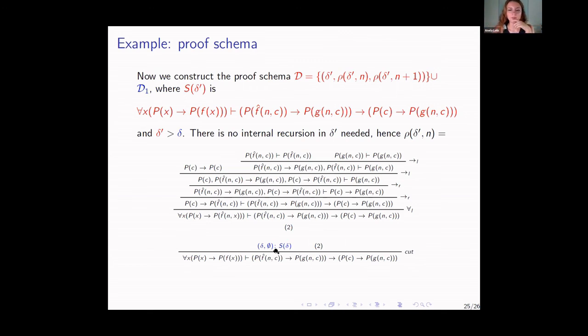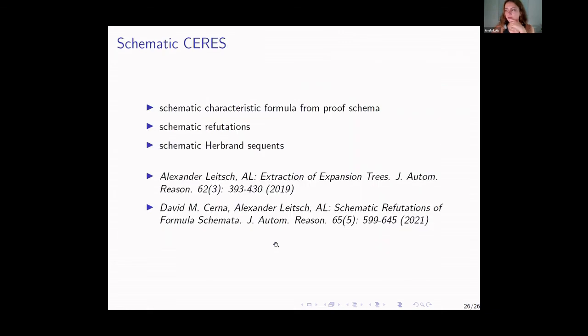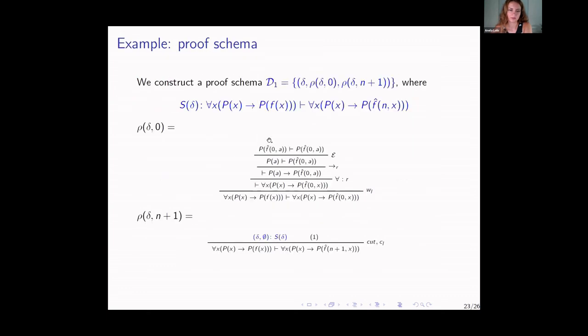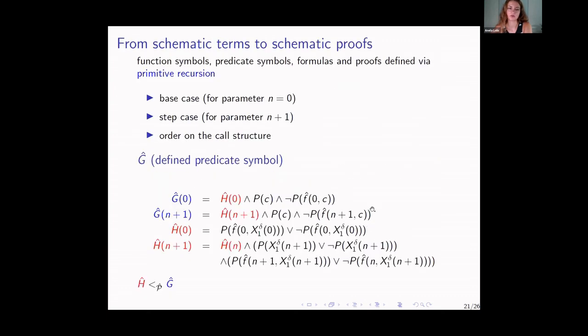Okay, so this is our example, and this brings me to the end of this talk. I don't have the schematic CERES definition here on the slide because it's just a very technical definition. But as I said, we have a schematic characteristic formula, which is defined using these defined predicate symbols. We then have schematic refutations of this formula. If I go back here, so this was the formula.